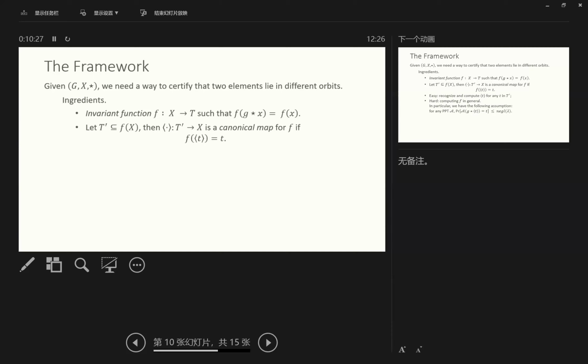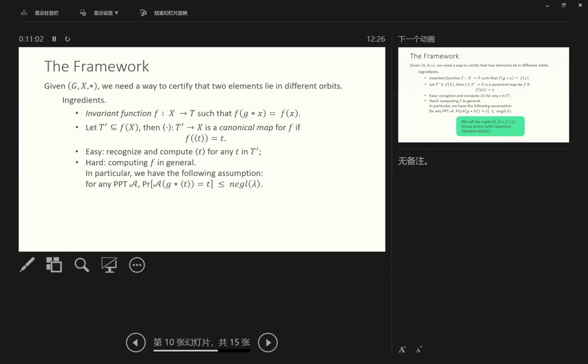Then let T prime be a set of representatives, and we call these a canonical map from T prime to X if the following holds. The composition of f with this canonical map must be the identity of T prime. So the element of T prime when evaluated through f must return itself.